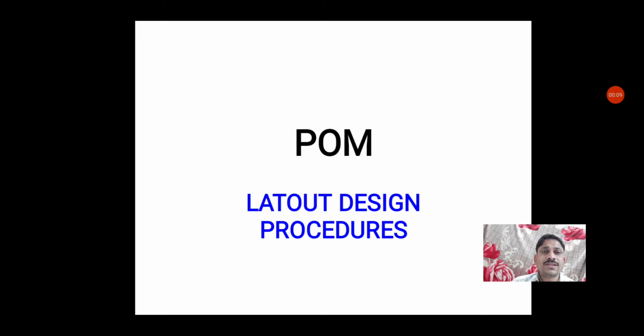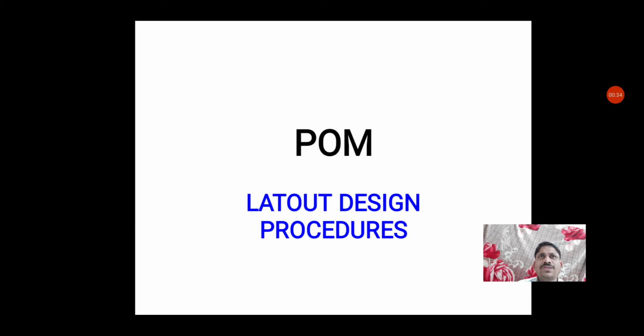In this class, we are going to discuss various layout design procedures. Any organization, especially a manufacturing company, has to deal with many manufacturing units. Every manufacturing unit deals with many different kinds of machineries.